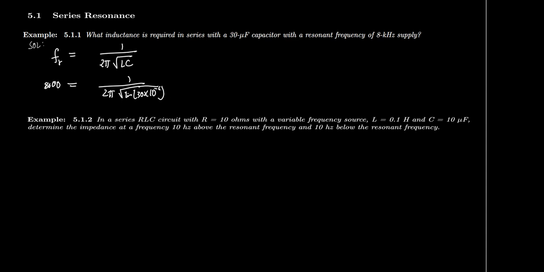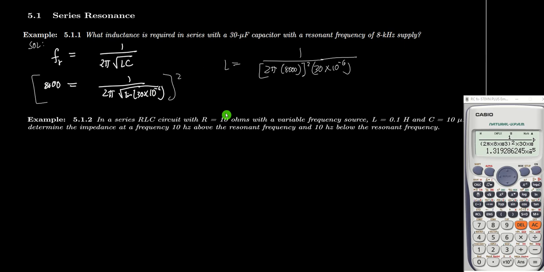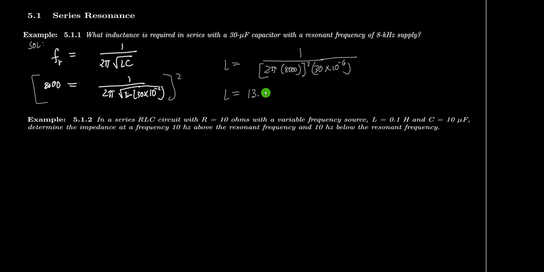To solve for the required inductance, we can square both sides of the equation so that L will be equal to 1 over 2 pi times 8,000, squared, then multiplied by 30 times 10 to the negative 6, and that will be 1.319 times 10 to the negative 5, or in terms of micro, 13.19.